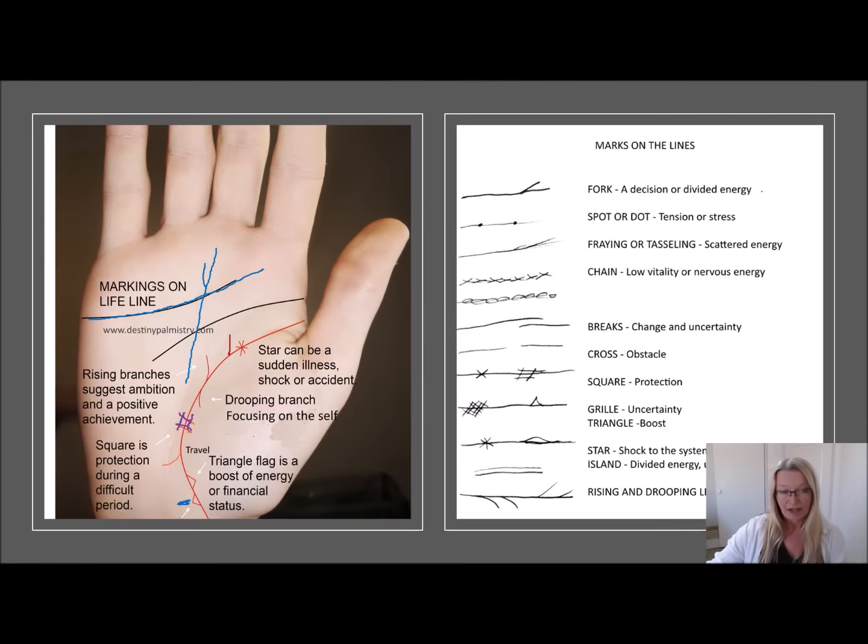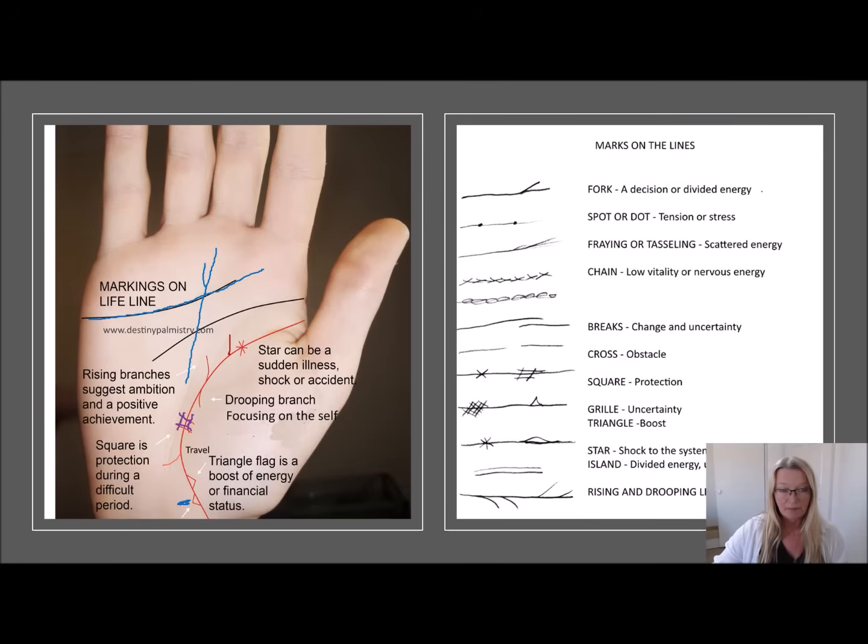So many people have these on the outside of the lifeline. And we talked about the drooping branch already at the start. That can depict more focusing on the self, so your energy going towards your own needs at that time.